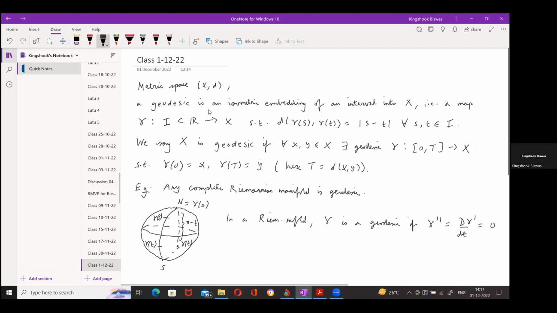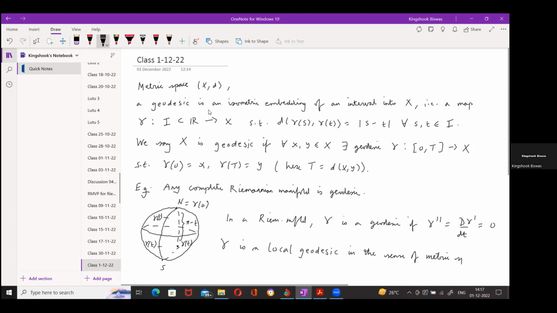Instead, what it is is a local geodesic in the sense of metric spaces. So what is a local geodesic?